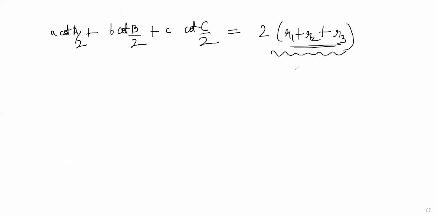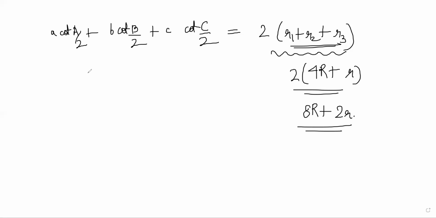So use the fact that this is 2 into (4R plus r), so this is 8R plus 2r. Prove this instead.